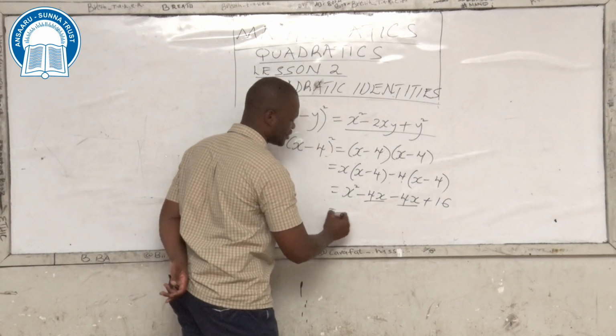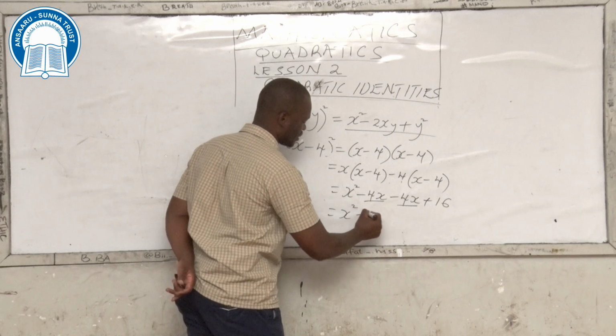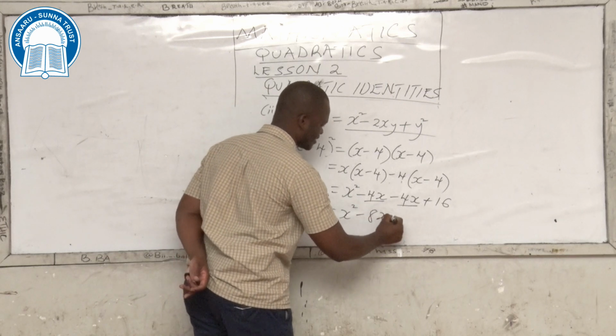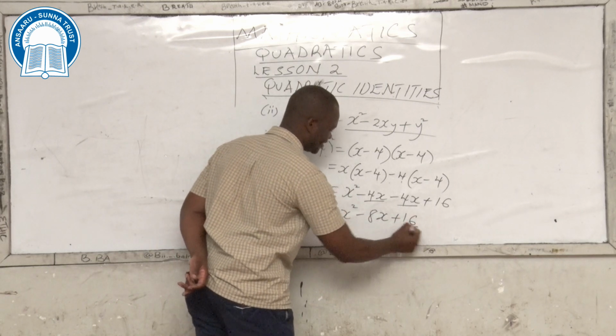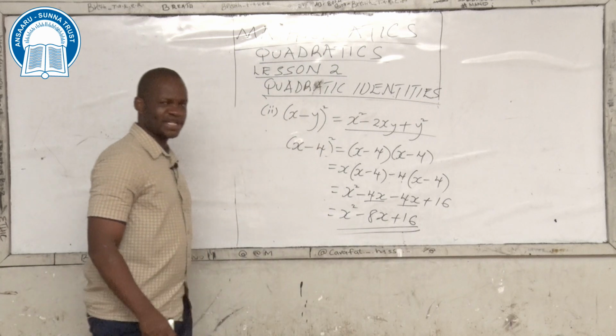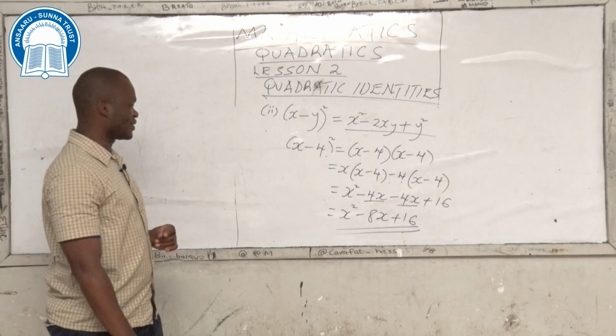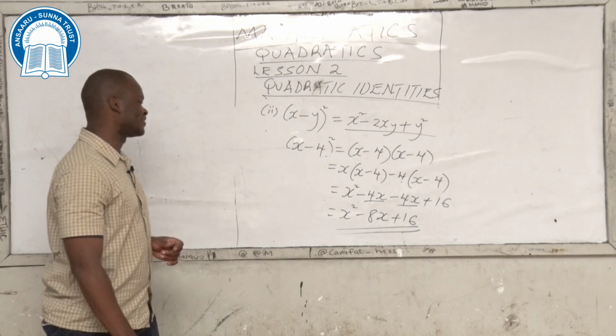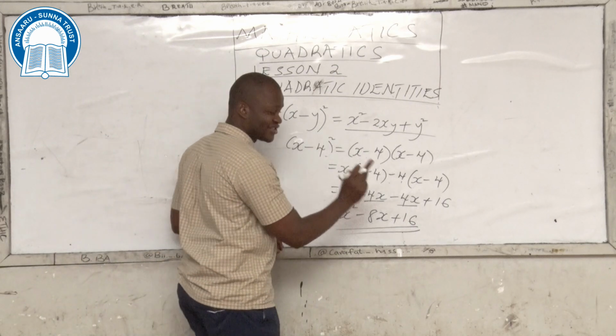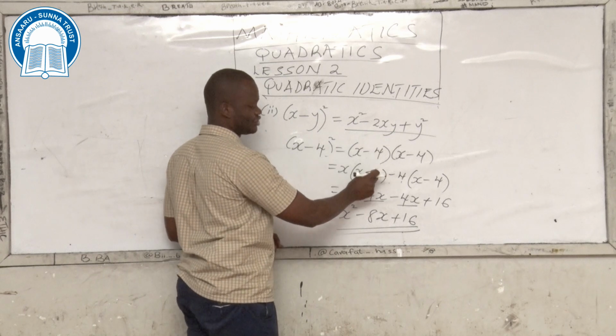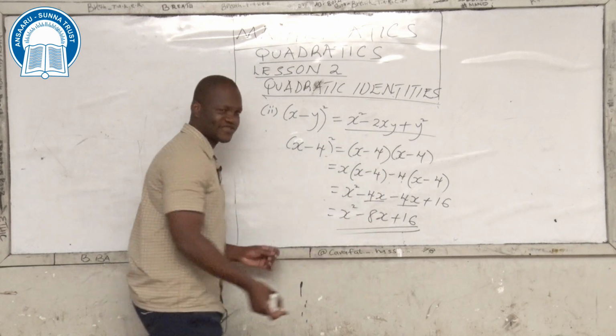What do we end up with? X squared minus 8x plus 16. That becomes our eventual answer. Now we have how many steps here? 1, 2, 3, 4 steps.